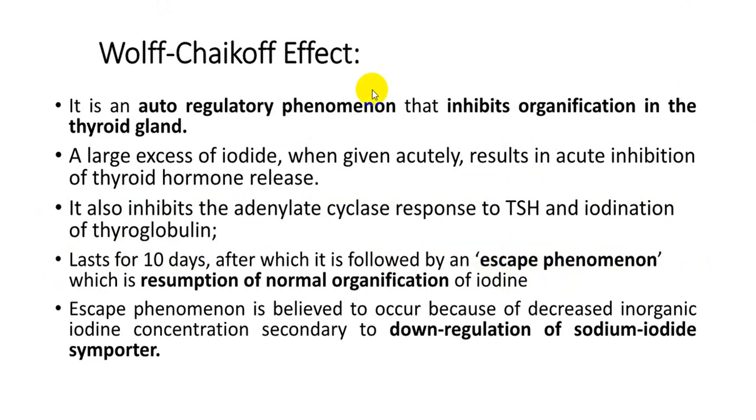So once you give that, after 10 days there will be an escape phenomenon, and now the thyroid gland will resume its normal function. And this escape phenomenon is believed to occur because of decreased inorganic iodine concentration secondary to downregulation of the sodium iodide symporter.